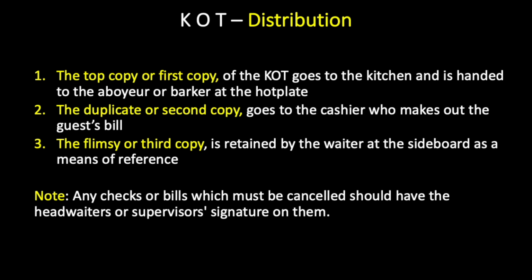This copy is retained by the waiter at the sideboard as a means of reference as to what is to be served at the table, what is to be given to chair number 2, chair number 3, chair number 4, or even chair number 1. Any checks or bills which must be cancelled should have the approval of the head waiter or supervisor's signature on them.